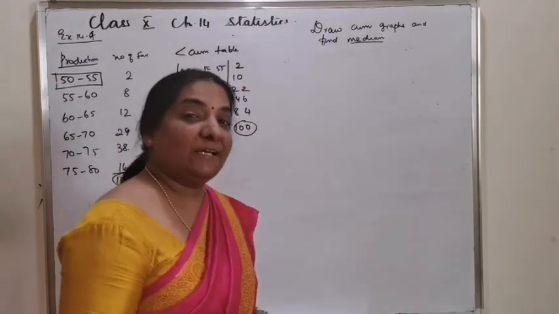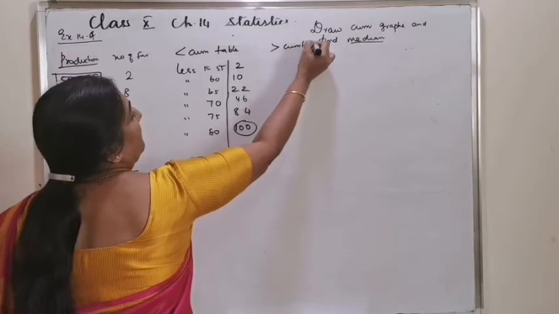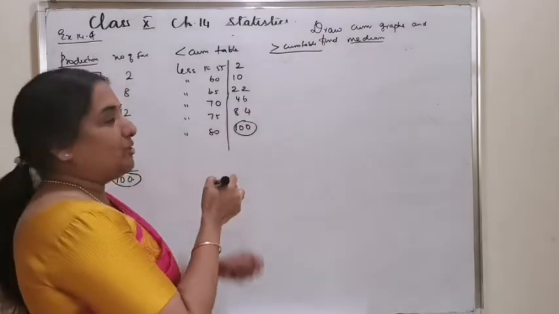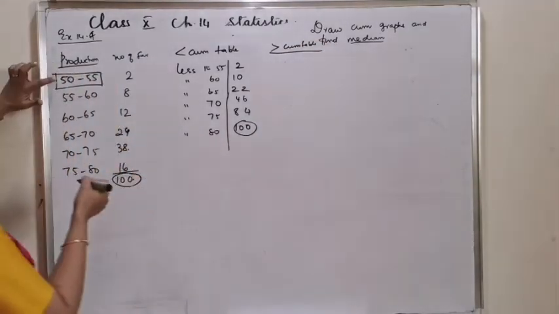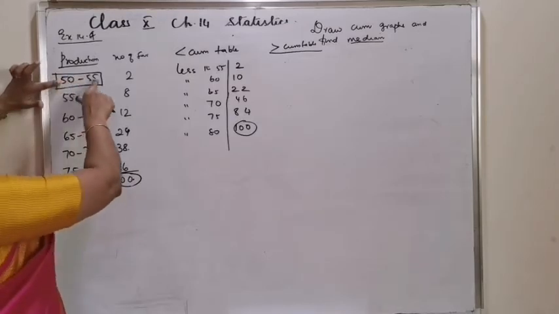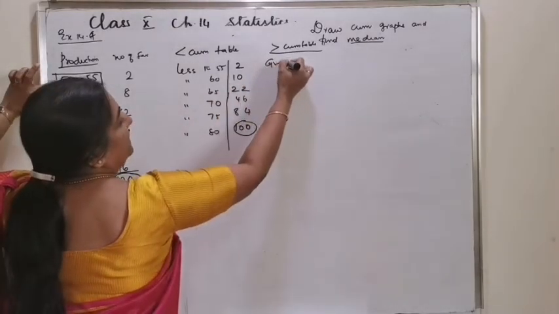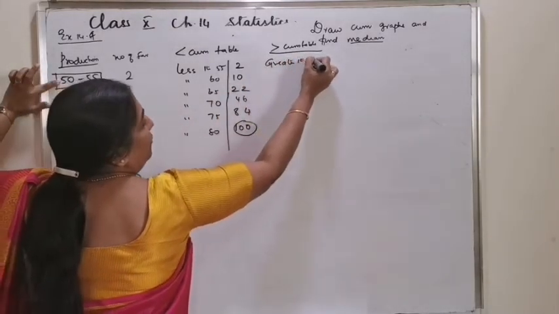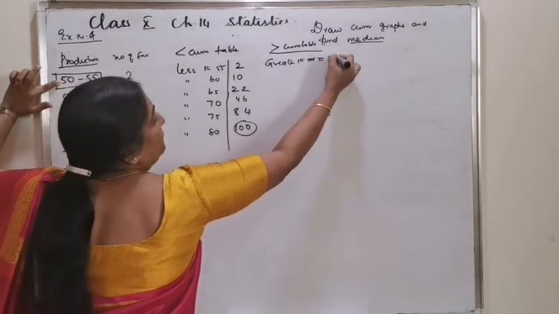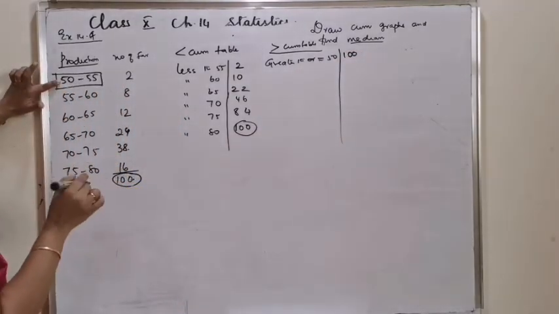After this, let's form the greater than cumulative table. For the greater than cumulative table, greater than or equal to 50, greater than or equal to 55. The most sensible is greater than or equal to 50 is the total 100, whatever be the total value.